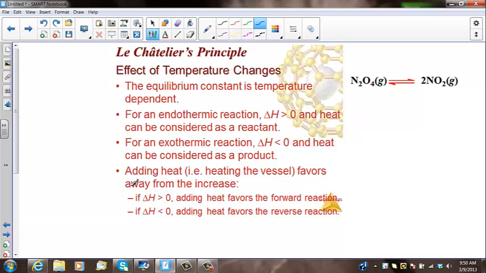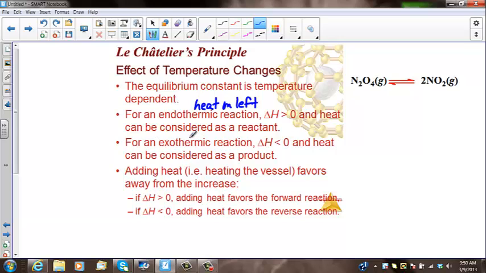The equilibrium constant is temperature dependent. For an endothermic reaction, meaning heat is on the left, it's being absorbed, delta H is greater than 0. It's positive, and heat can be considered as a reactant.